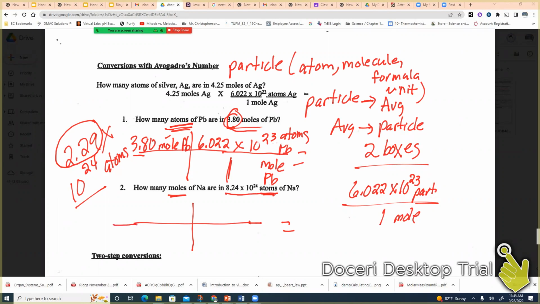So I'm going to start with my 8.24 times 10 to the 24 atoms. Once again, that's one of the particles. That's my hint that I need to use Avogadro's number. And I want to get it to moles of sodium.